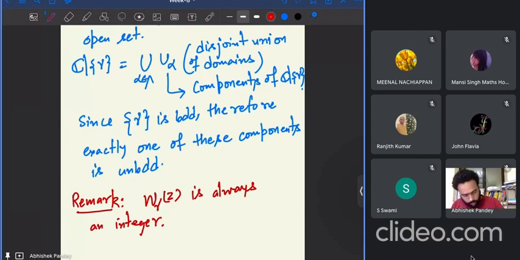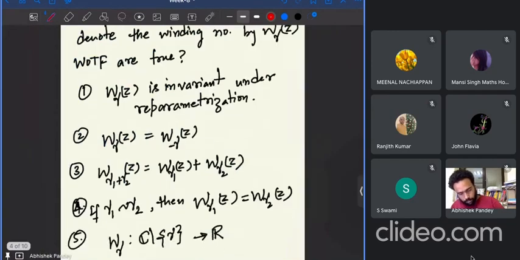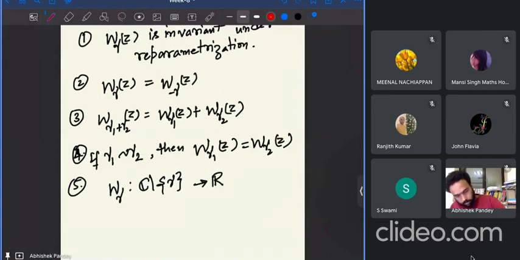Let me write down the reference so that if anyone wants to see, one can see the Conway book and B. P. Palka for more detail on the winding number. So this is locally constant. Although I will not prove the fifth option because this is also in this week's assignment.